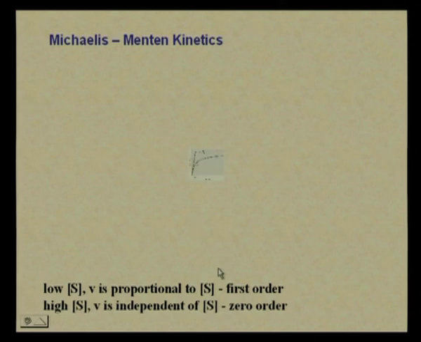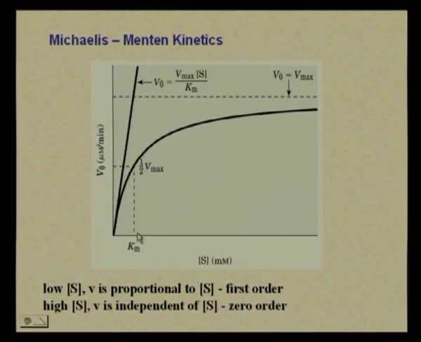Now, if we look at the overall expression that we have, from this expression we can get what is called a rectangular hyperbola that is going to eventually plot the V0. Why we call this the V0, I will tell you in a moment. So, what we are doing is plotting a velocity versus a substrate concentration.